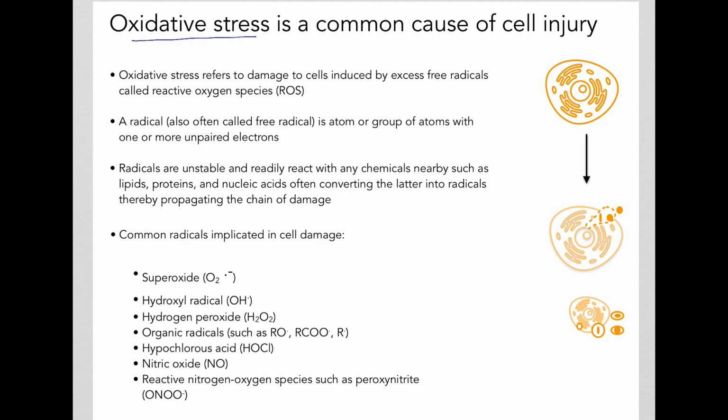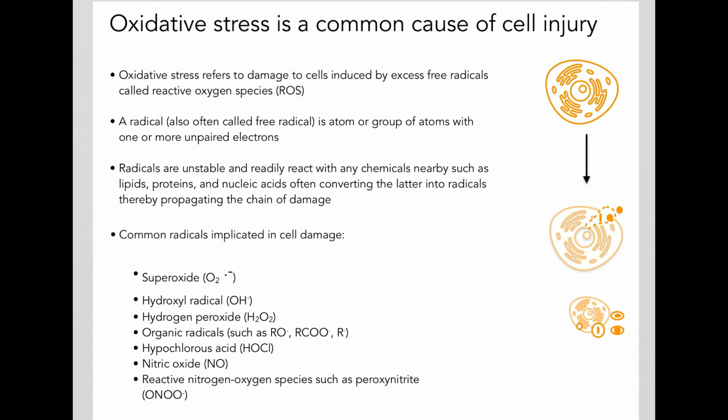Oxidative stress refers to the damage to cells caused by excess free radicals. There are many different types of free radicals, but especially free radicals that are derived from oxygen, what we call reactive oxygen species, or ROS.